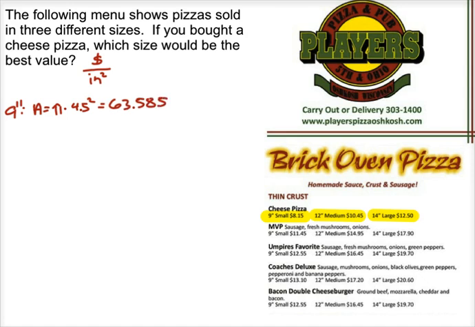Now if I want to find the cost, I want to take the price, which for a 9-inch pizza is $8.15, and divide it by the area, 63.585, and let's see what we get for price per square inch.